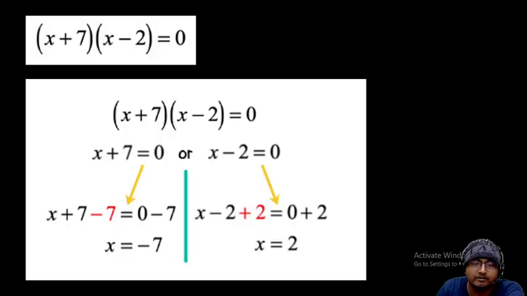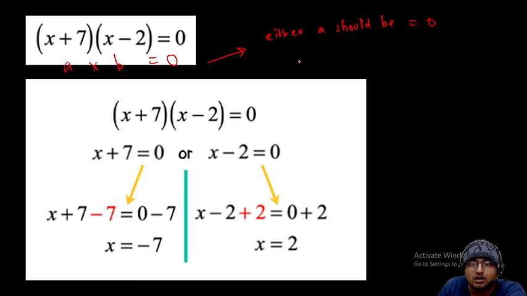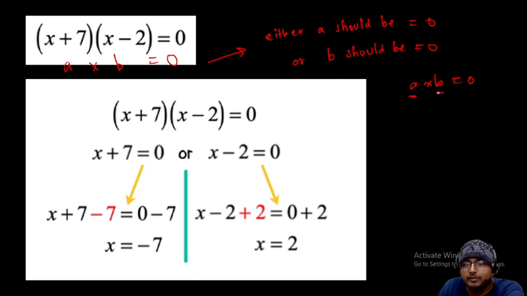Okay, once again we will see. Whenever a into b is equals to 0, either a should be equal to 0 or b should be equal to 0. Means in a into b equal to 0, either a should be equal to 0 or b equal to 0, then only a into b will become 0.